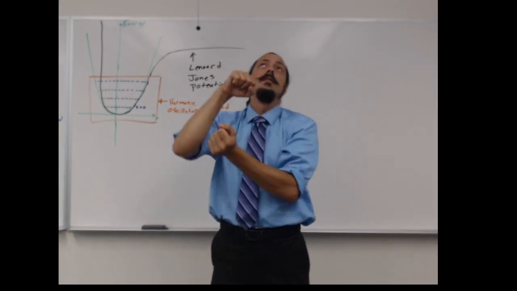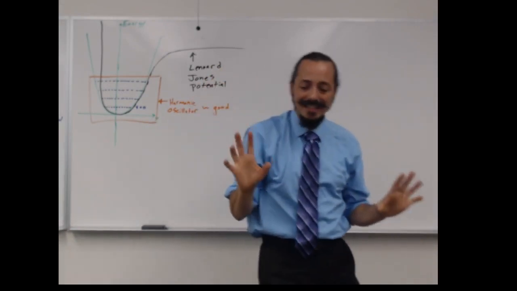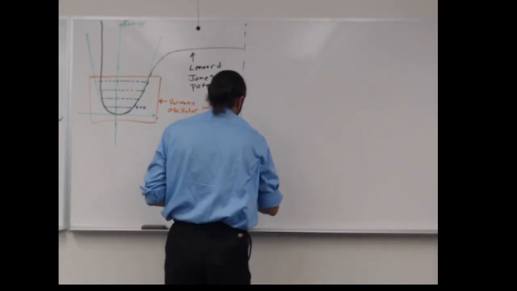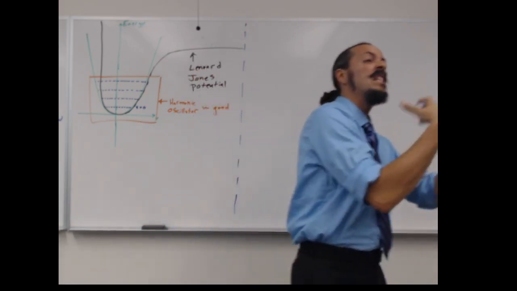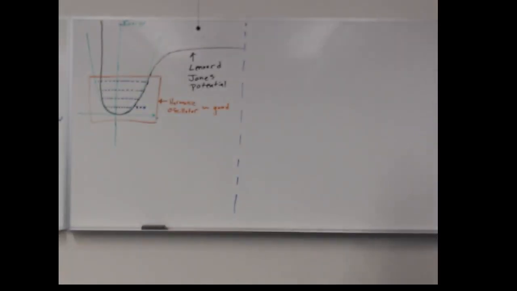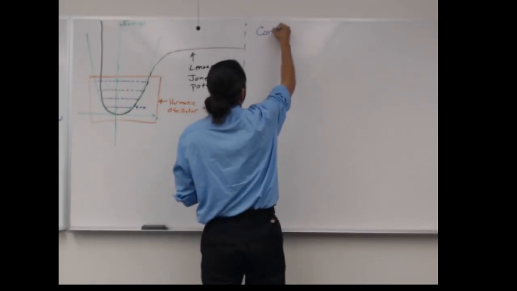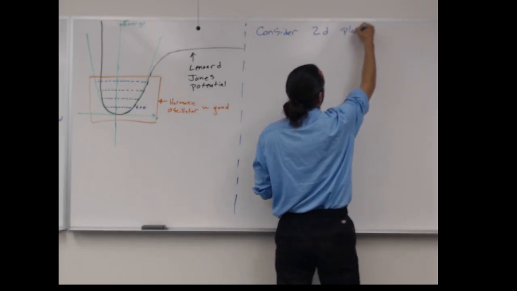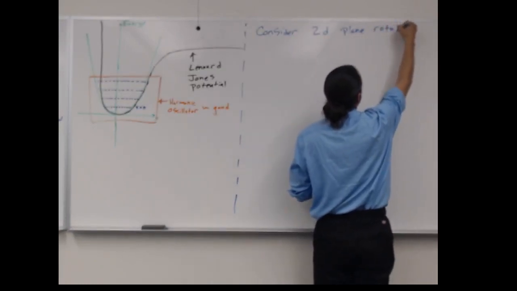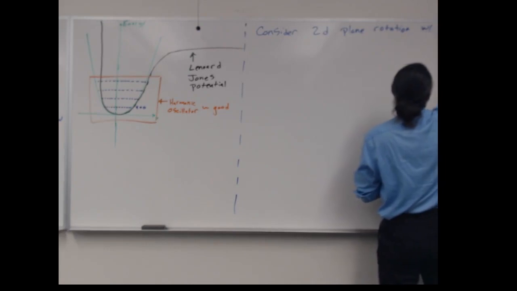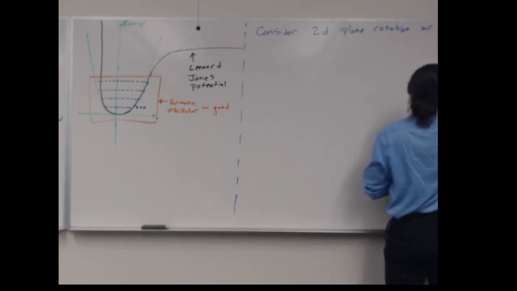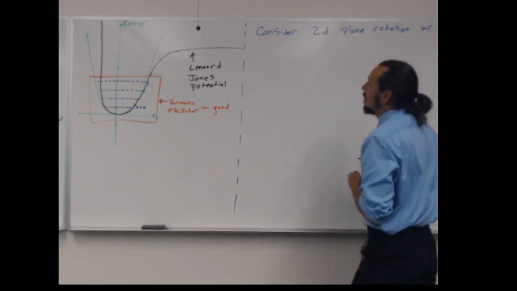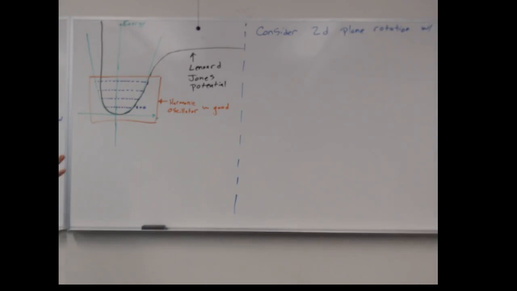We're going to get to that sometime next week, but we can start with just a simple picture of rotation and lead up to this idea of three-dimensional rotation by just considering a 2D plane rotation with a fixed distance.